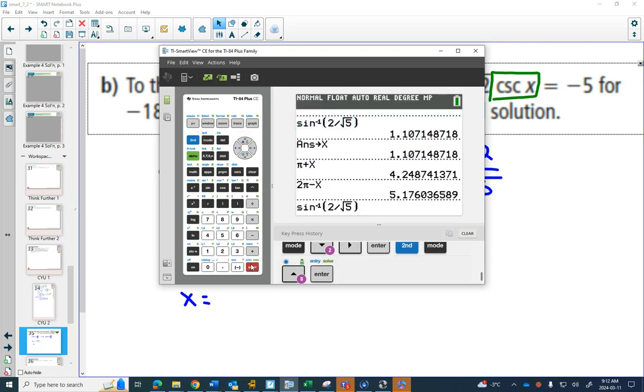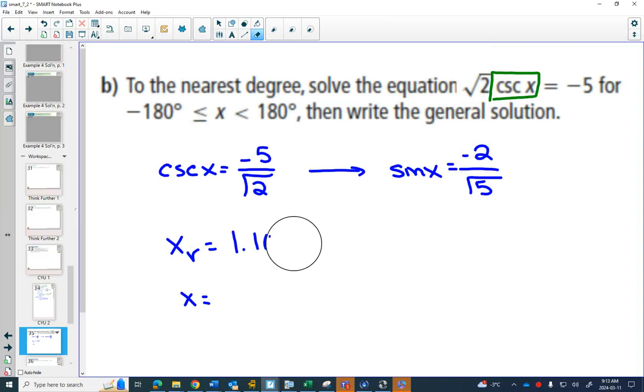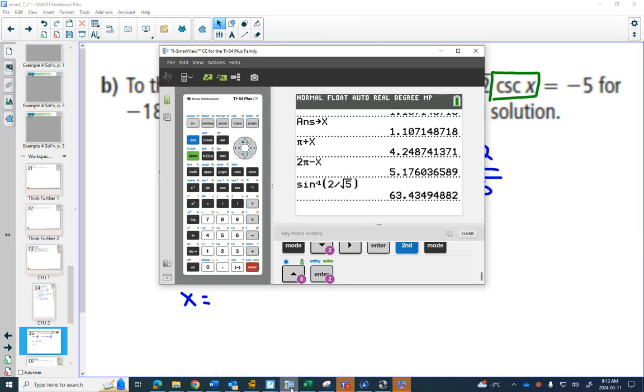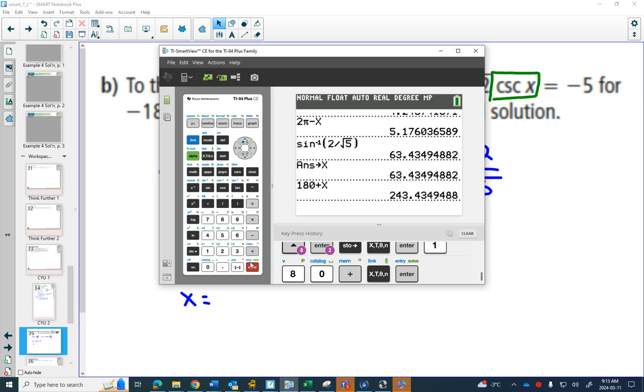So now when I type this in and enter it, I get an answer in degrees: 63.43 degrees. I can take that answer and store it as x. And then in degrees, in quadrant 3, it would be 180 plus my reference angle. And it says round to the nearest degree.